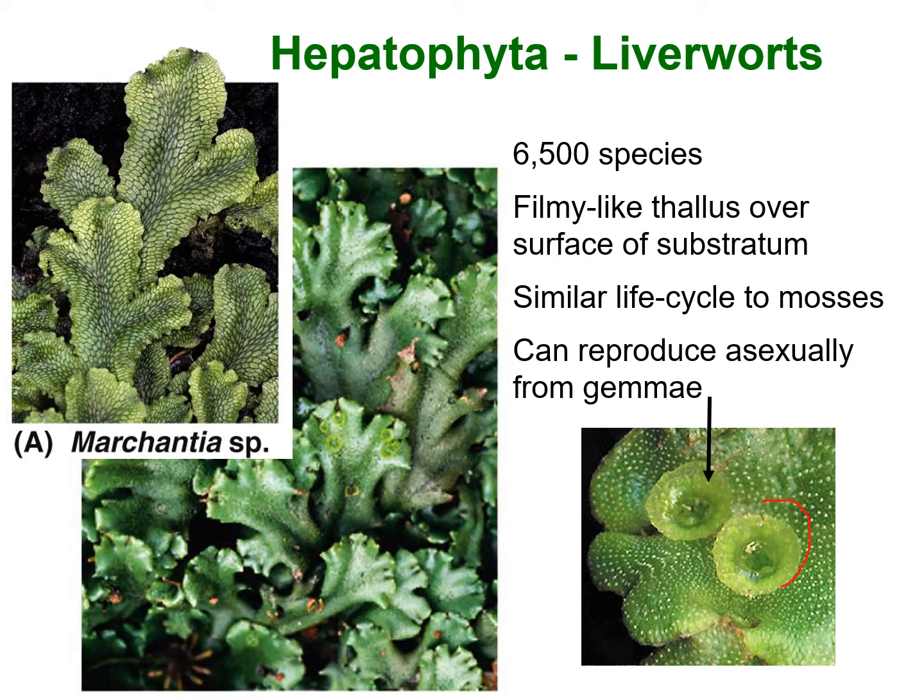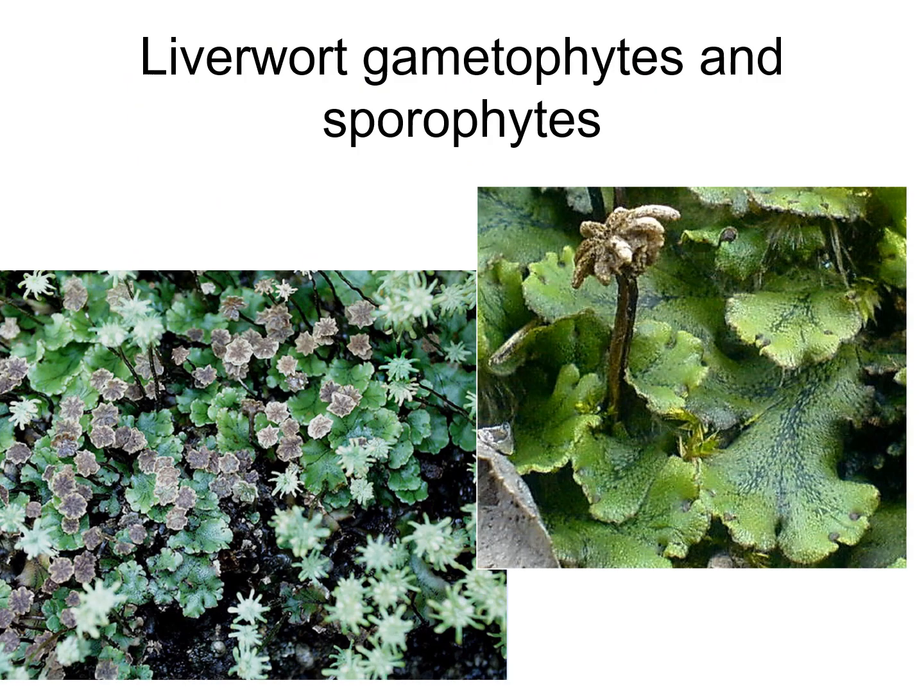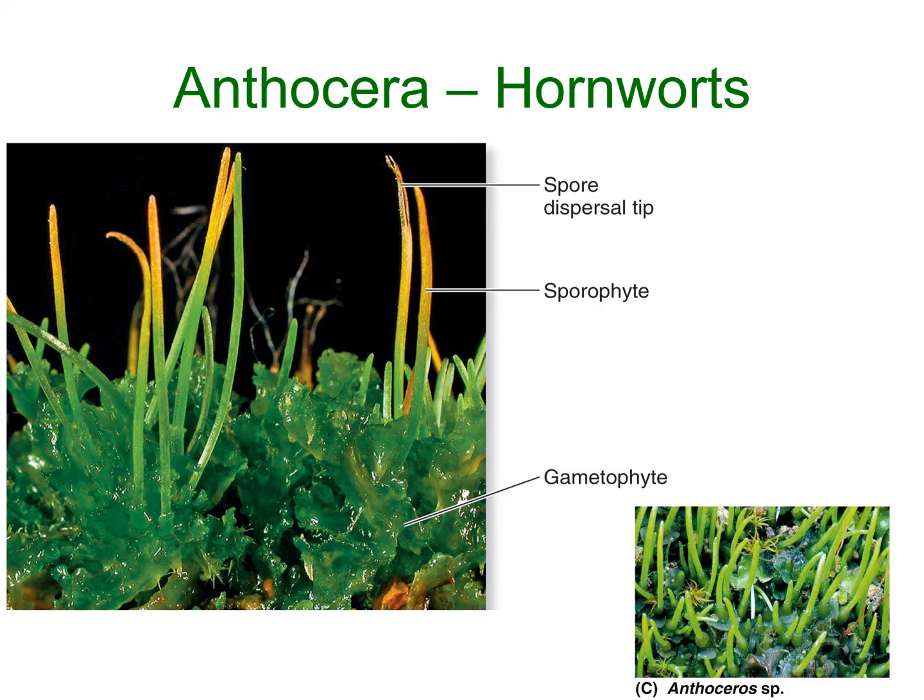And we may be able to show you these in the lab materials. They also reproduce sexually. So here you can see the sporophyte, the diploid components, which are going to then have meiosis going on inside, and then releasing haploid spores again.